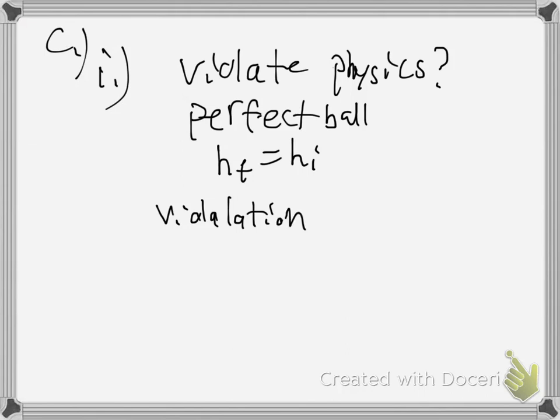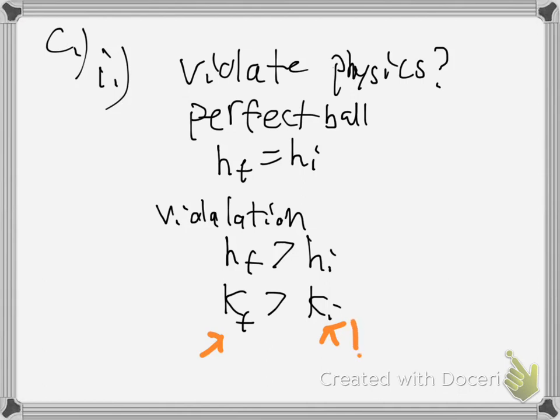A violation would be if the bounce height is greater than the drop height, because that would show that the final kinetic energy is greater than the initial kinetic energy. So this is the kinetic energy from the floor, as it's coming off of the floor. This one is when it's falling down to the floor, the one on the right.